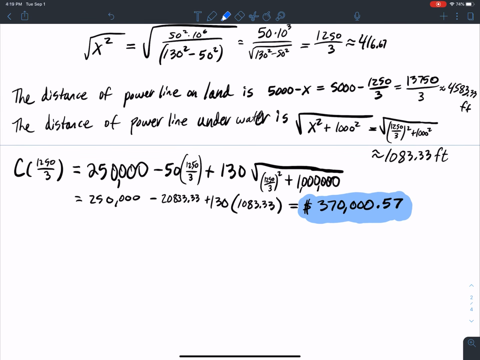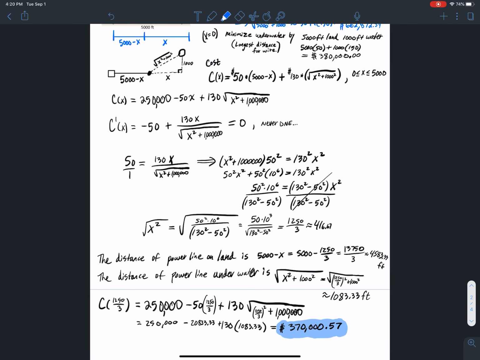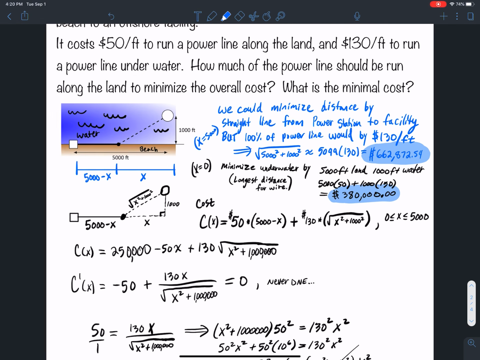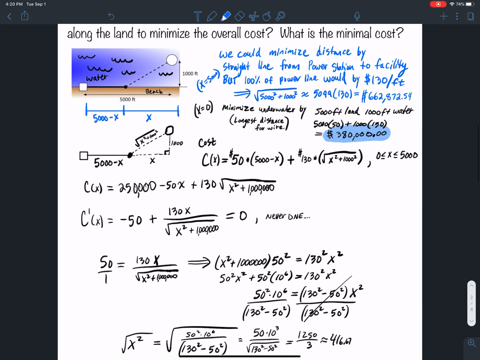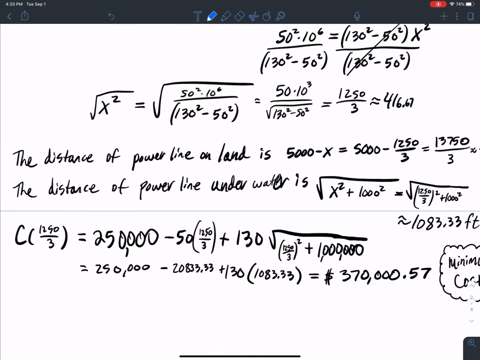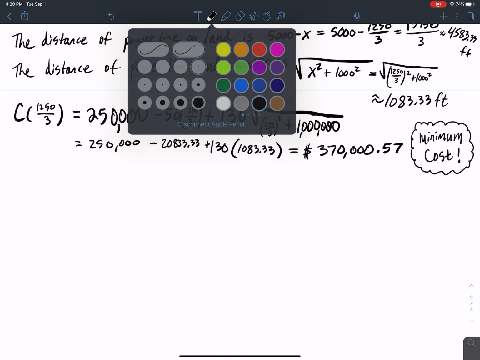What does that tell me? Well, look at these numbers, people. This number, 370,000, is lower than that 380,000, and it's definitely lower than that 662,000. So what have we done? By being a little bit sneakier, what we've done is we've minimized our cost. Okay, so like drawing a picture of the different scenarios.